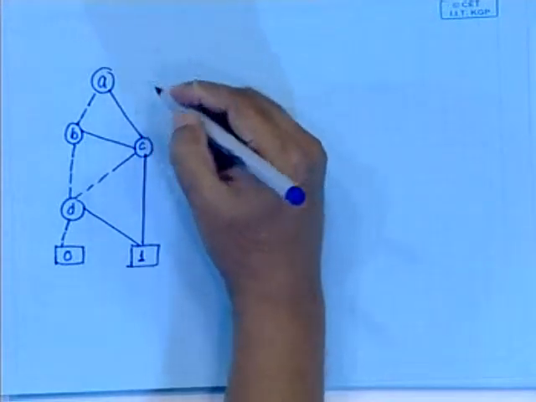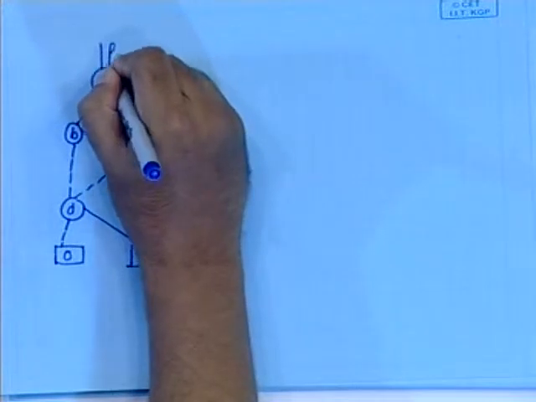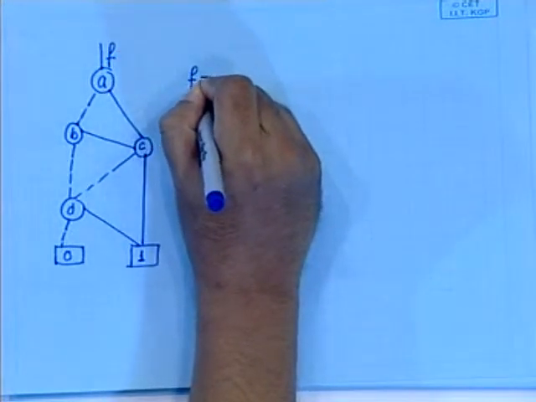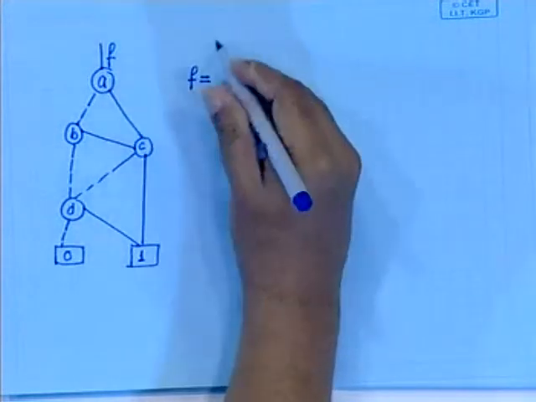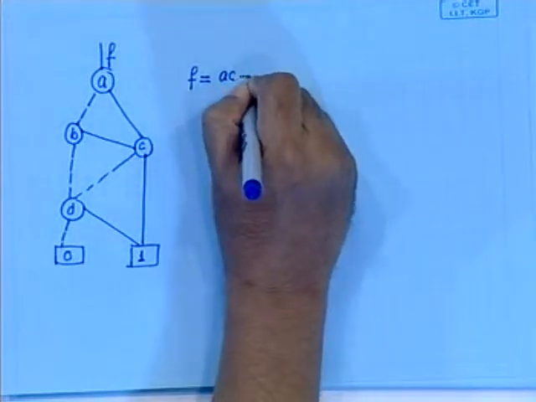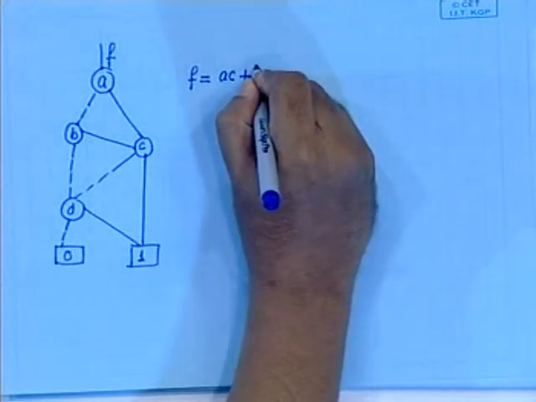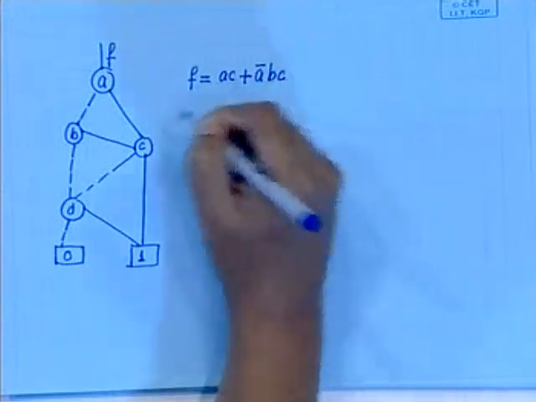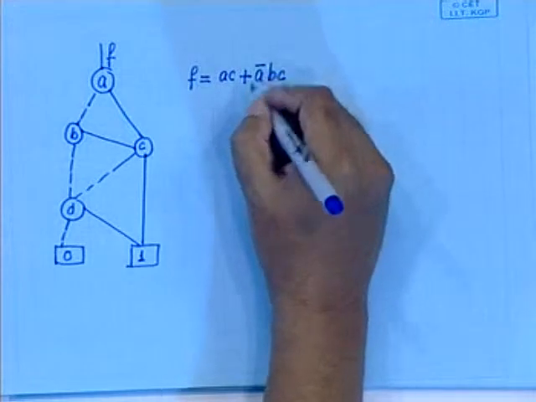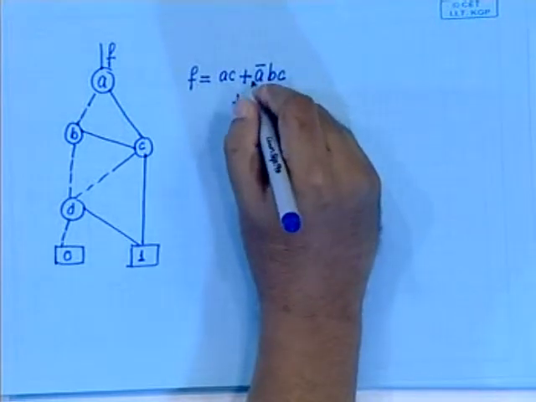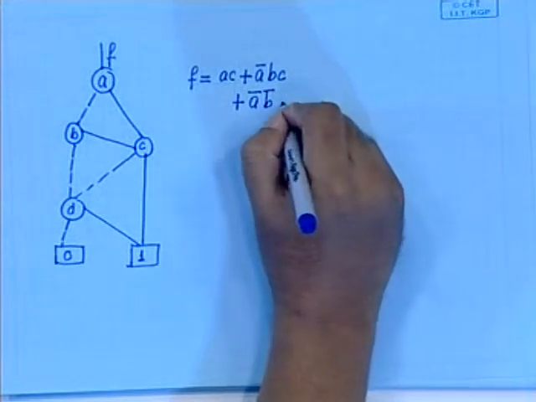Now how do you read the BDD? What is F? F equal to, read out the min terms. So AC plus A bar BC, A bar B bar D.